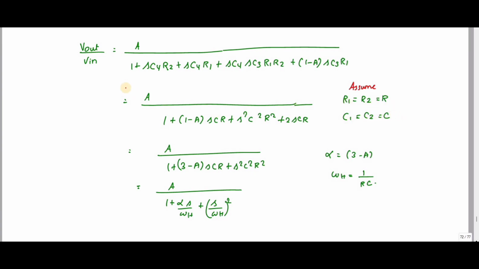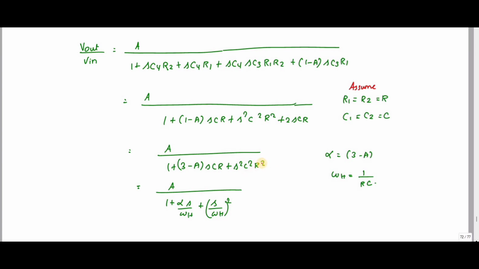If that is the case, I can write A divided by 1 plus, see here, I can write it as 2sCR, and this one I can write as s square C square R square, and this is nothing but sCR. So I can add this one. So I can write A divided by 1 plus (3 minus A) sCR plus s square C square R square.